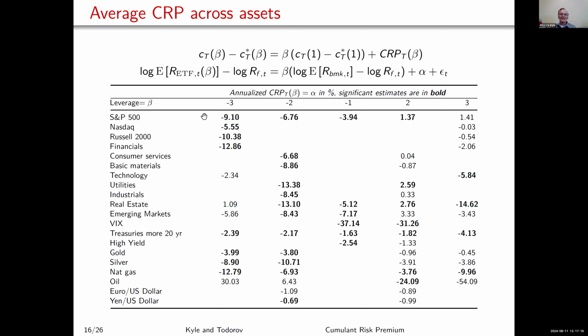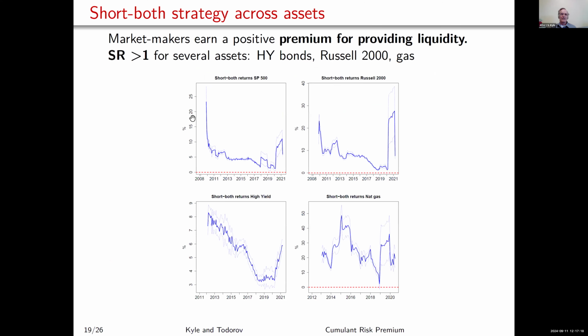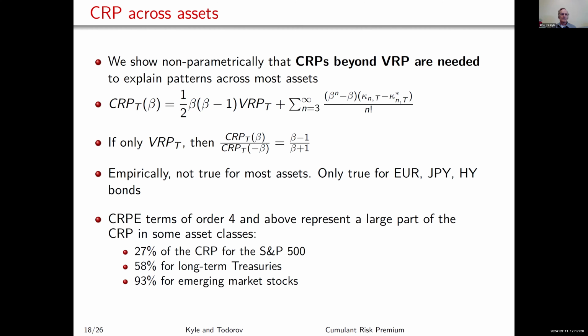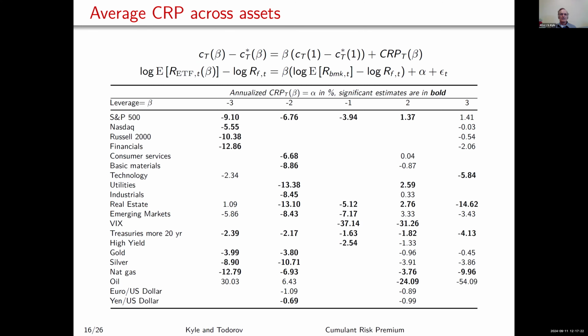The short cumulants tend to be quite unprofitable. So shorting the S&P 500 doesn't make you money. Even though going long with leverage makes you not only the equity risk premium that you get times 3, but you also get a modest positive cumulant risk premium.